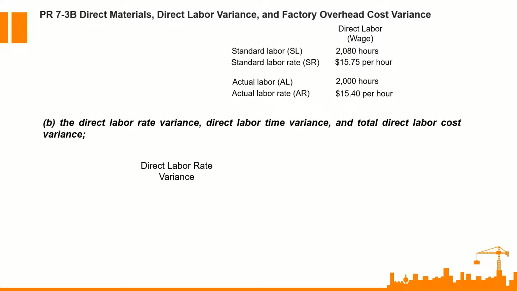So the rate variance. Bear in mind the formula for the rate variance. Actual rate minus standard rate times actual labor hours. Actual rate because it is related to the direct labor. The price variance is about direct materials. Okay, so fill up the amounts.